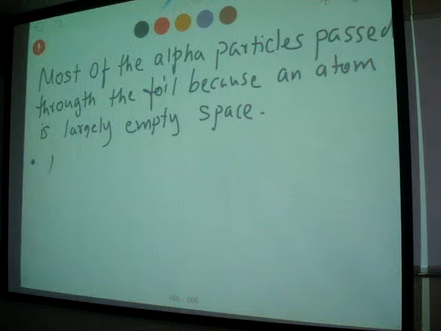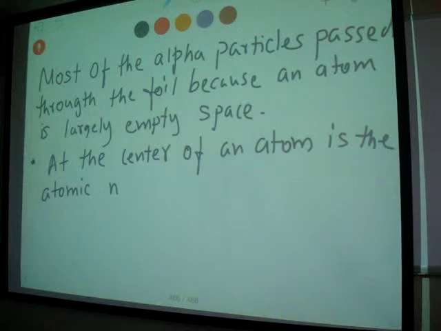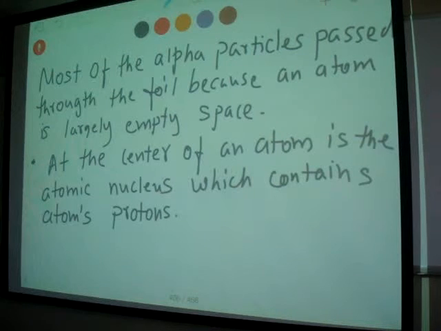But at the center of an atom is the atomic nucleus, which contains the atom's protons.